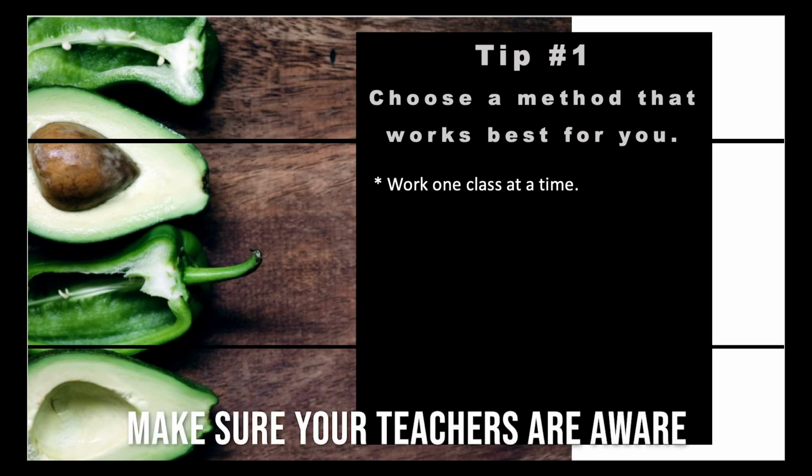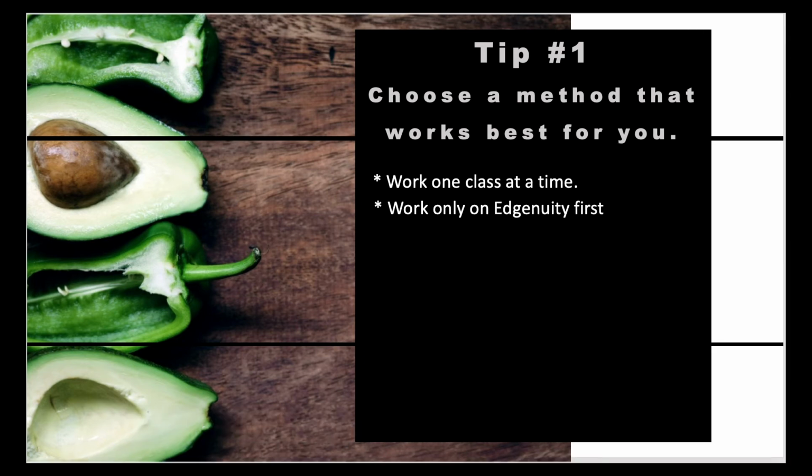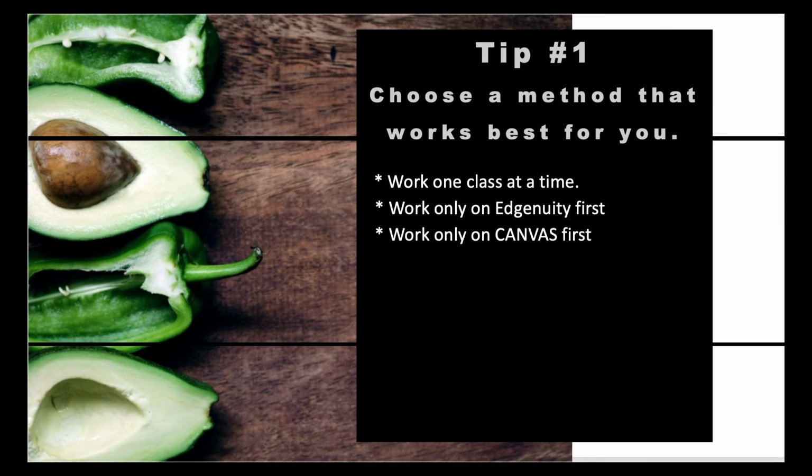For example, I'll finish all of my science and then I'll finish all of my math. Do you want to work in just Edgenuity first and then once you're done with Edgenuity, move on to all your classes that are in Canvas? Do you want to work in Canvas first and then go to Edgenuity? It really doesn't matter the order which you work in, you just have to work.